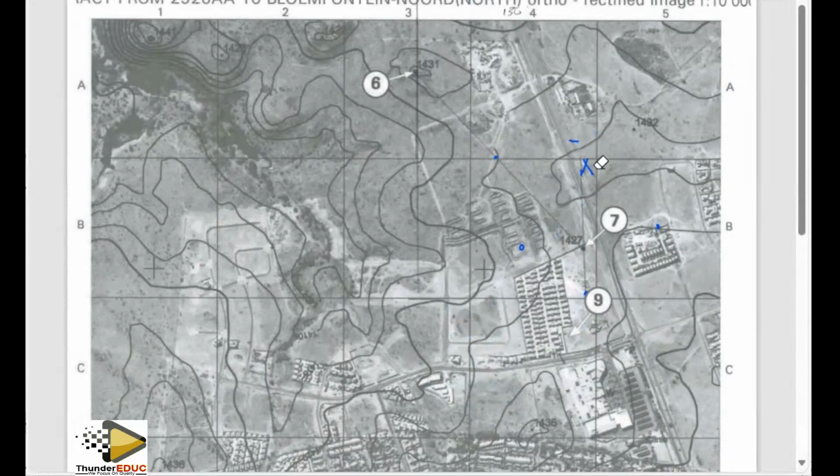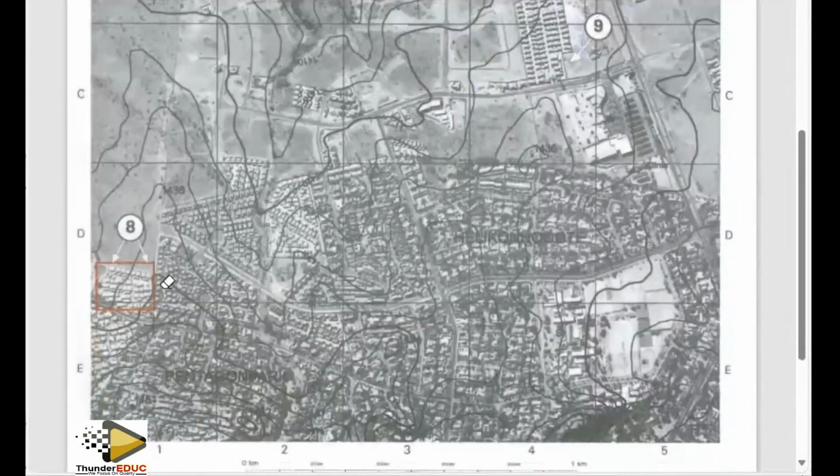Right, going to area 8, we want to check where area 8 is and check the pattern of the settlement there. Right, coming here, our area 8 is here in this red box. We want to analyze the settlement pattern in that particular block. Right, so remember, when you're looking at this, you see that the houses are too close to each other and they are located in that manner there.